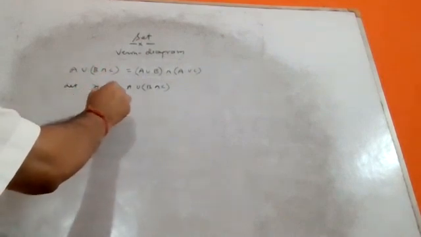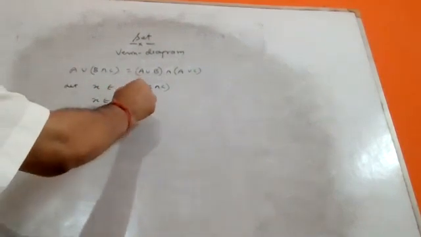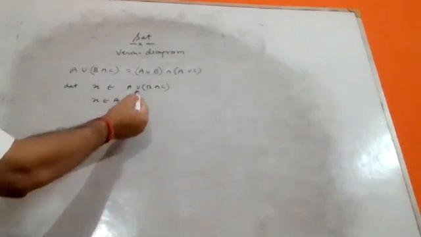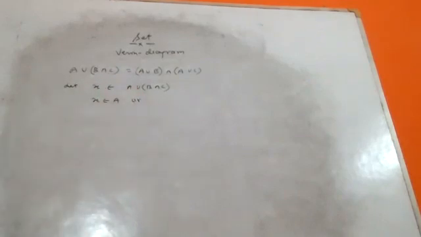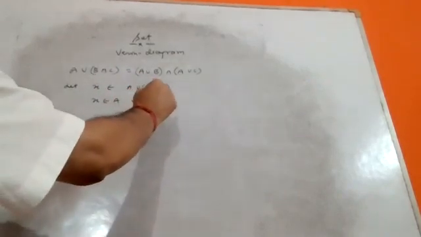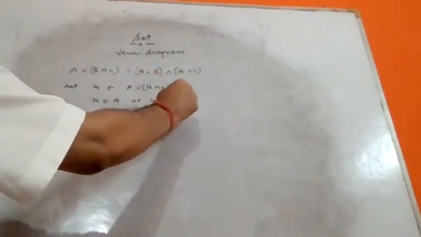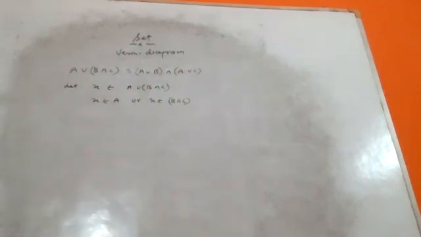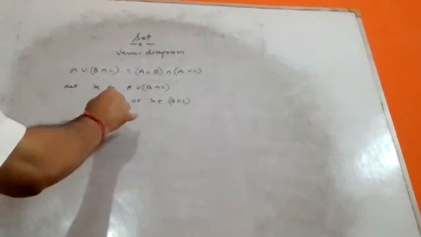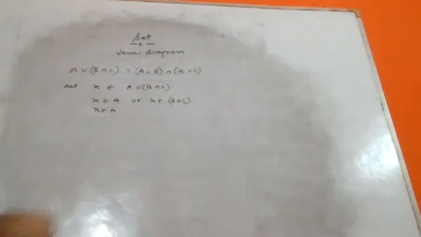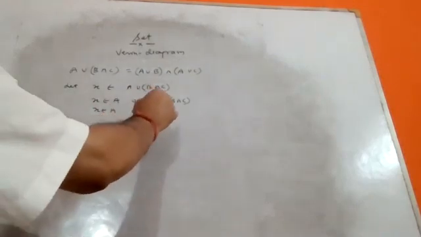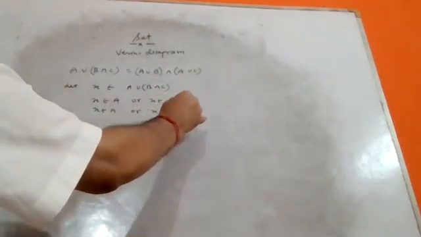The meaning is that X belongs to A, or, the sign is this one, OR. The meaning of OR in symbolic form is union. Or X belongs to this side, B intersection C. I hope this step is clear, right? Again, you can write X belongs to A, or X belongs to B. And why do you write B?